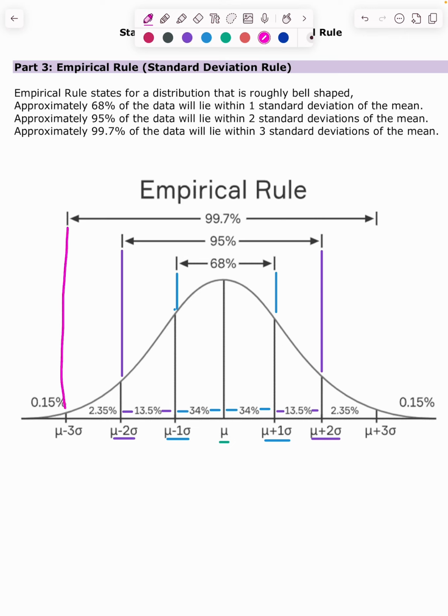And then we also have, if we take the standard deviation and we subtract it from the mean 3 times, and then we add it to the mean 3 times, almost 100%, 99.7% of the data that we've collected in this histogram that is bell-shaped is going to fall between those two numbers.